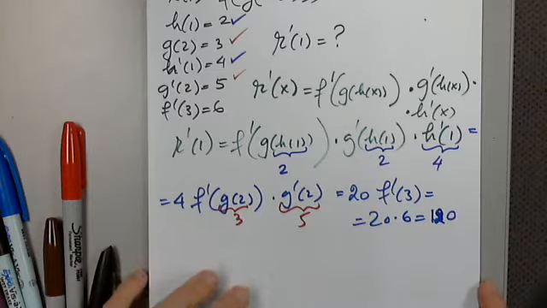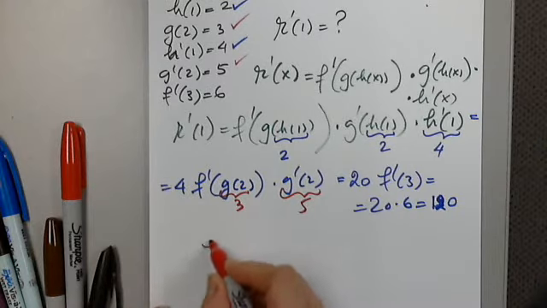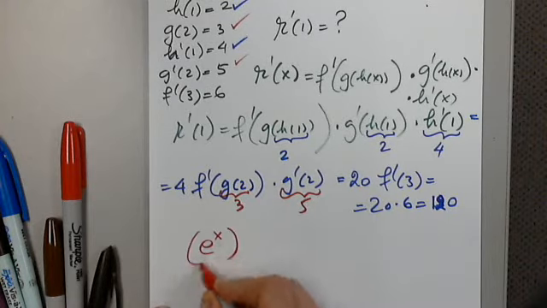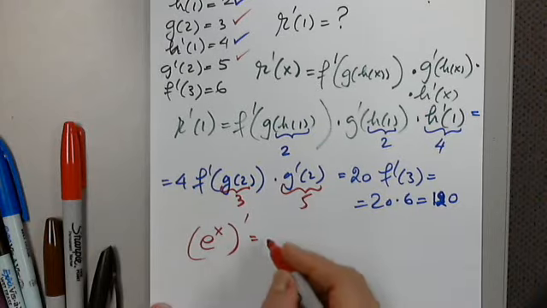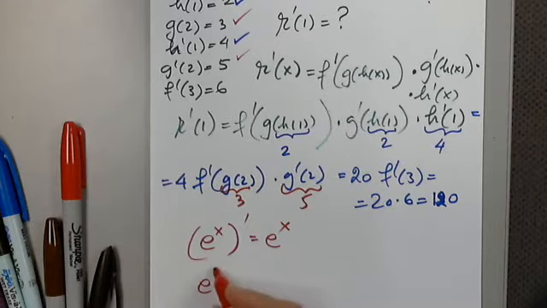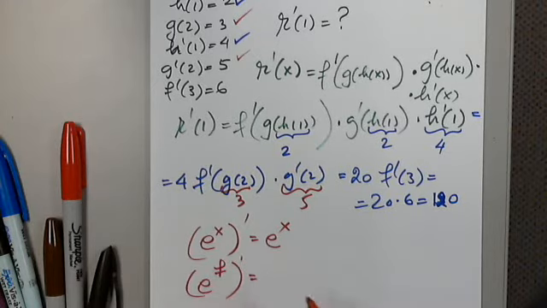So let's go back for a moment. We know that when we differentiate e to the x, this is the only function whose derivative is itself. Or what if I have e raised to a function f, prime? So this is e to the f times f prime.